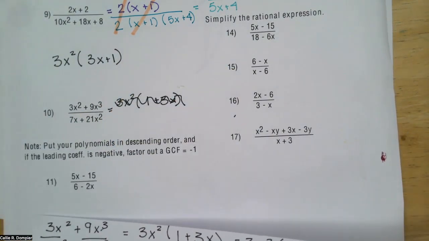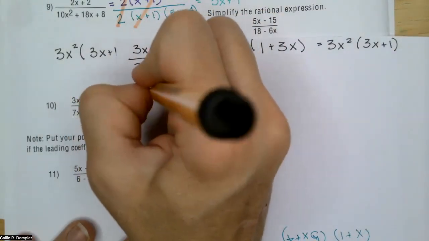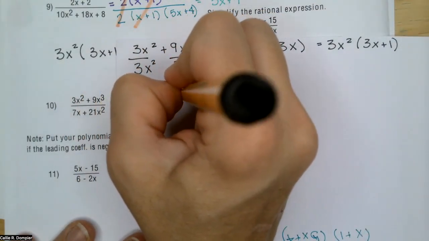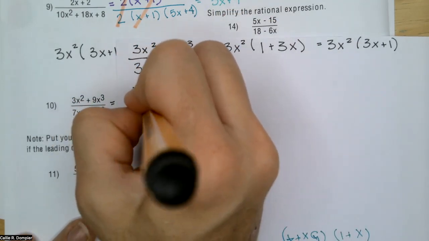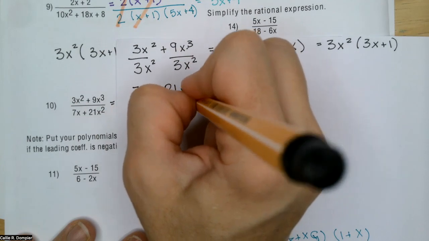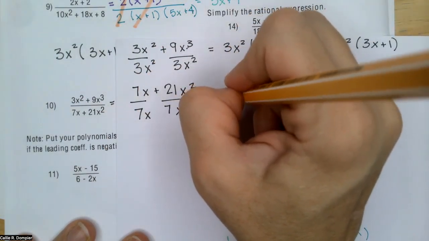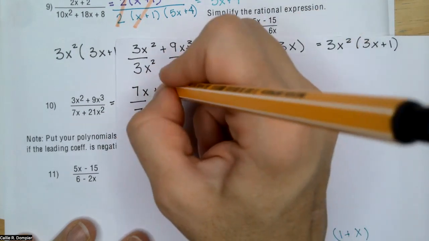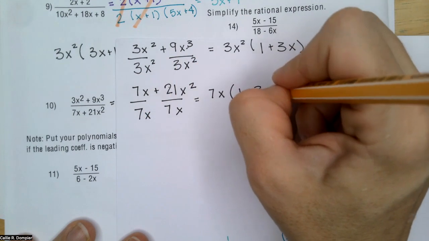7x squared plus 21x squared. I can divide both of those by 7x, right? 7x divided by 7x is 1. 21 divided by 7 is 3. x squared divided by x is x.